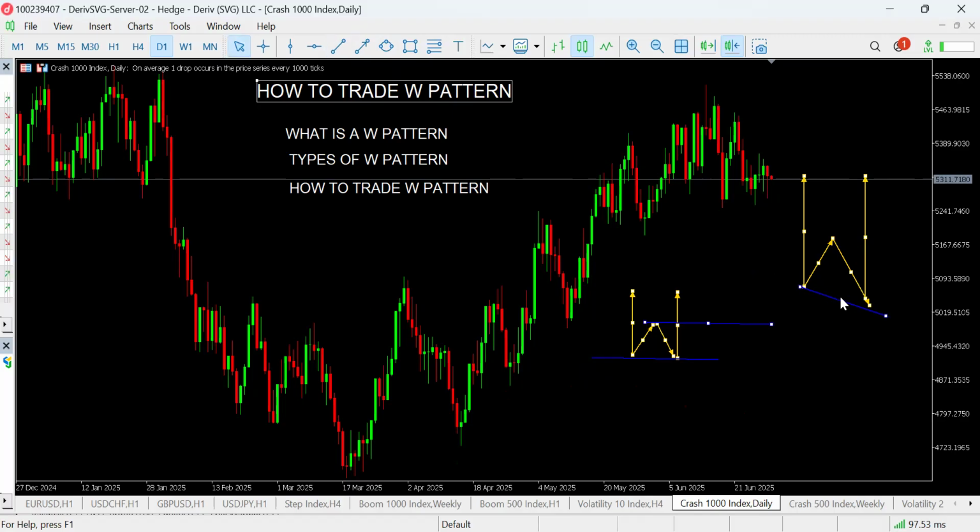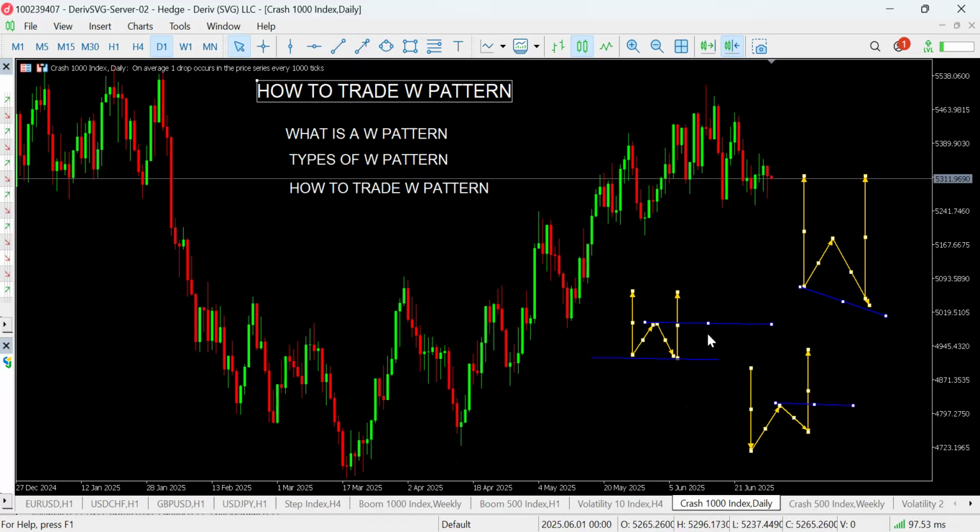So this is the second variation of the W pattern. And then of course, just like we had in the M pattern, the last type of W pattern is formed when price gets to the same level, is rejected, and while the neckline is being formed, price fails to get back to the initial level. We say that this is still a W pattern, and we still have the neckline.